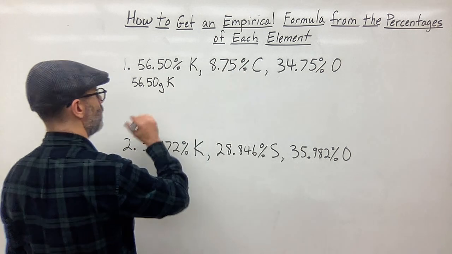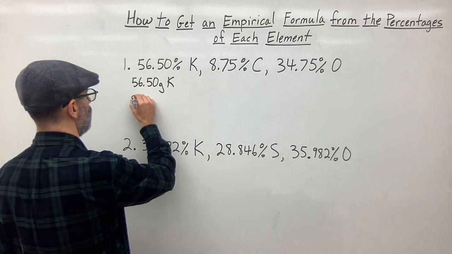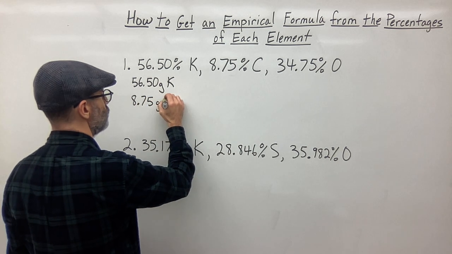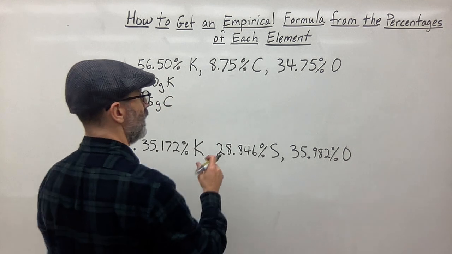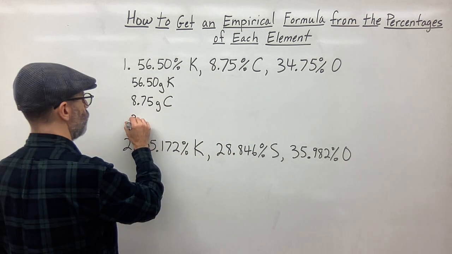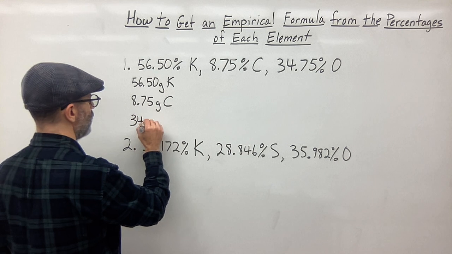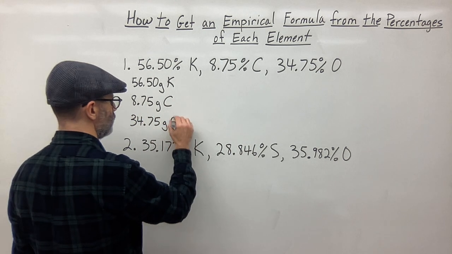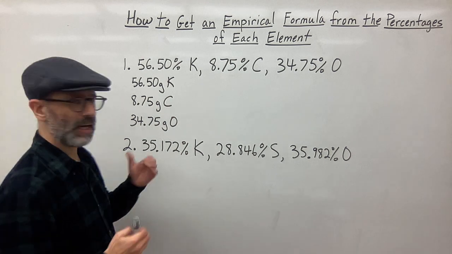Out of 100 grams of our compound, 8.75 grams will be carbon. And again, out of 100 grams of our compound, 34.75 grams is going to be oxygen. So that's the first step.